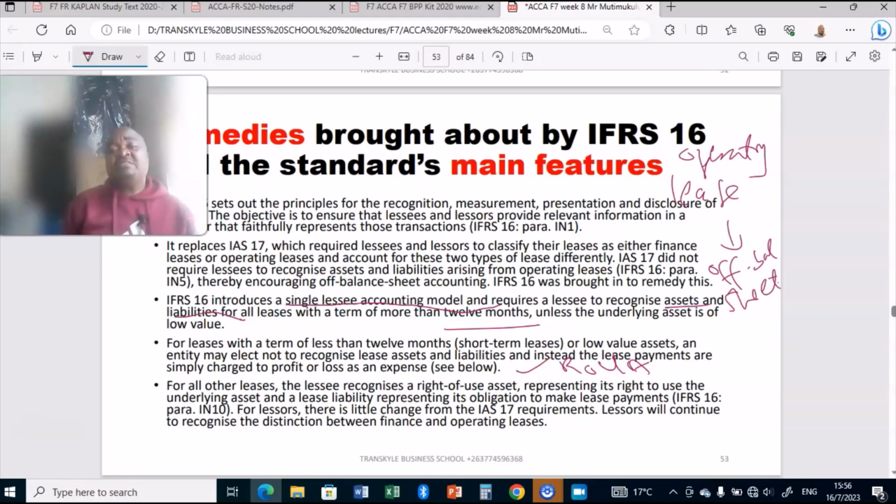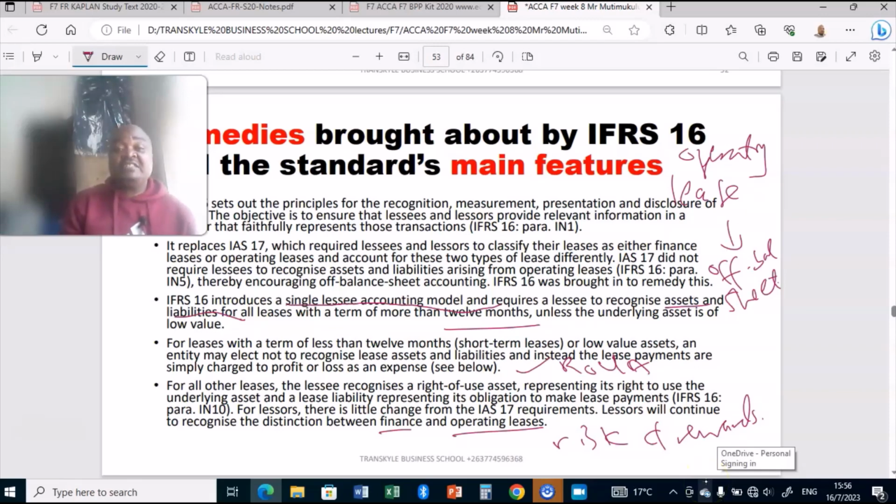Now, the major difference between the two, for those of you who might not have had the privilege of looking at International Accounting Standard number 17, depends only on the risks and rewards. That's where the distinction between the two lies.